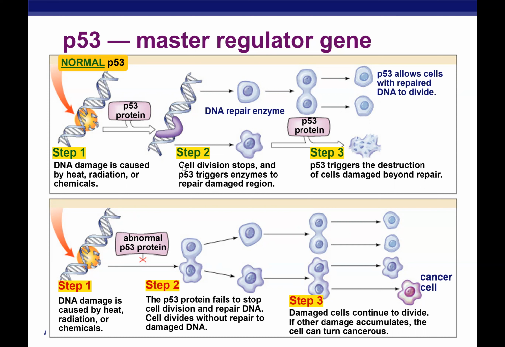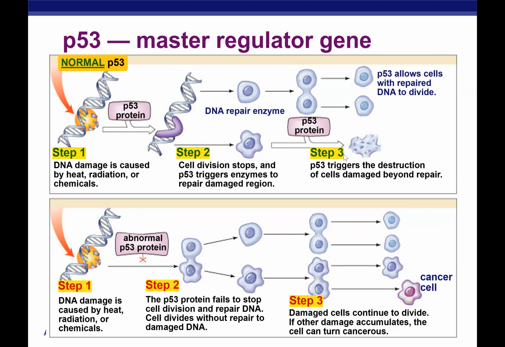But if this damage is not repaired, then what happens? It stops the cell division. If the DNA damage is beyond repair, then these cells are induced to die or commit suicide.